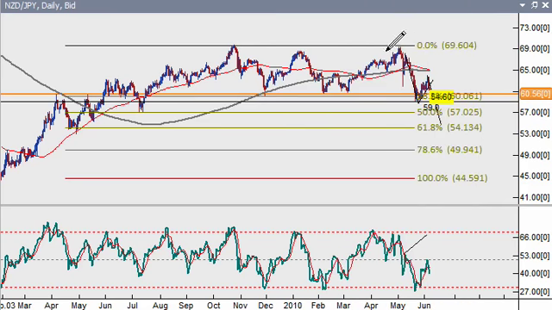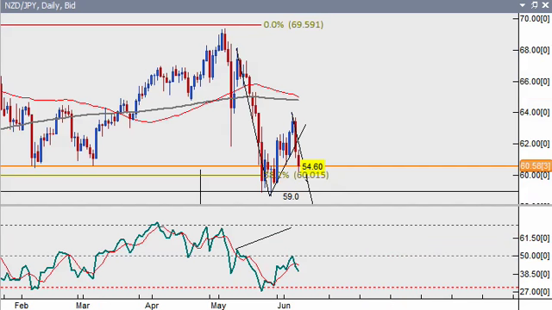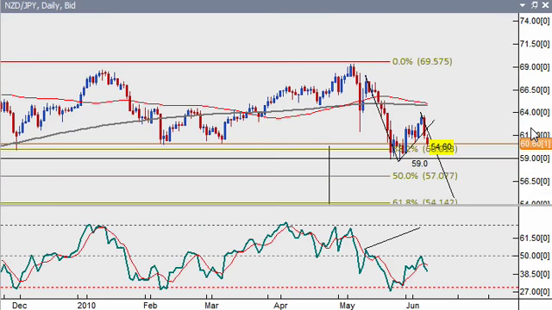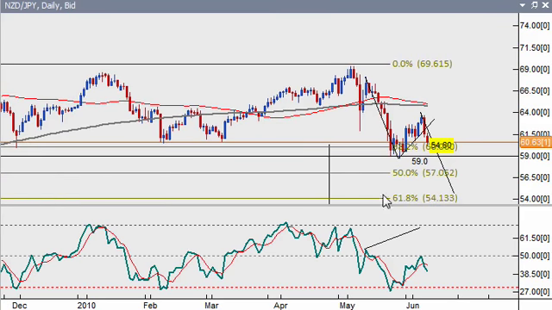And actually, there might be another sort of projection that goes lower, but to be more conservative at the moment, I would still consider 5460 to be the target. Although, of course, if the market does reach that with force, then we should allow it to continue further down. But 61.8% retracement could be the support.